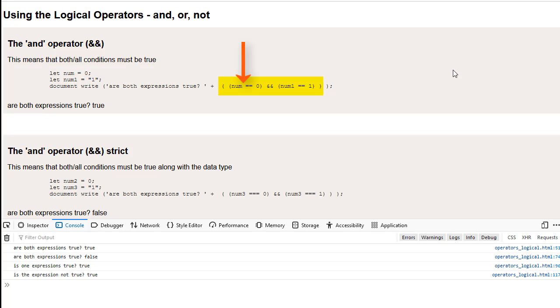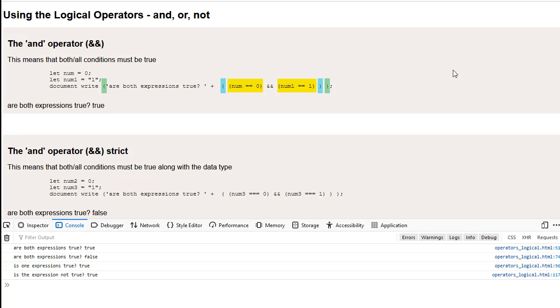If the condition on the left is true and the condition on the right is true, this expression will evaluate to true. So here I have num equals 0, which we see it is. Num1 equals 1, which it is, even though it's a string, it's still 1, it's an equal equal. Therefore, this expression will return true.